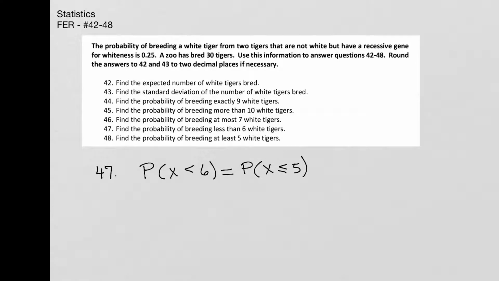So we're going to calculate the probability that x is less than or equal to 5, and again we'll use binom CDF. 30 is the number of trials, 0.25 is our probability, and 5 is our upper limit. And so this turns out to be 0.2026.